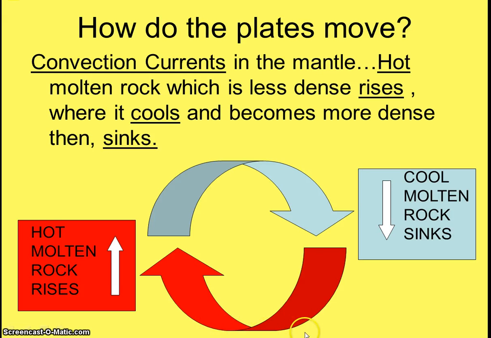So at the bottom of the asthenosphere, that molten material is heating up. When it heats up, it becomes less dense. When it's less dense, it rises away from the heat source. It's going to cool off, and when it cools off, it becomes more dense and it sinks. So you have this flow of molten material that creates a convection current.